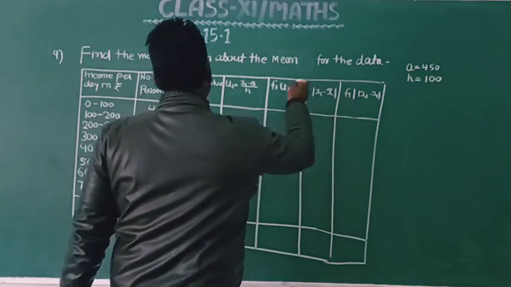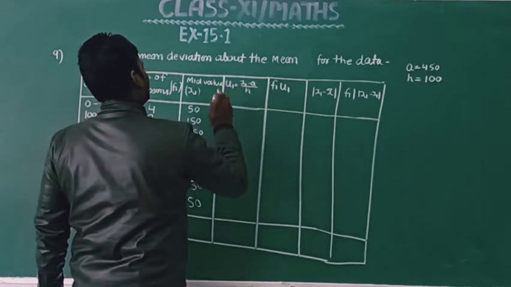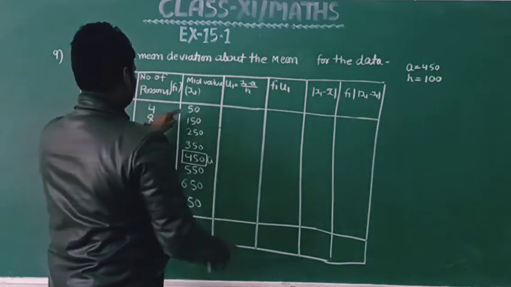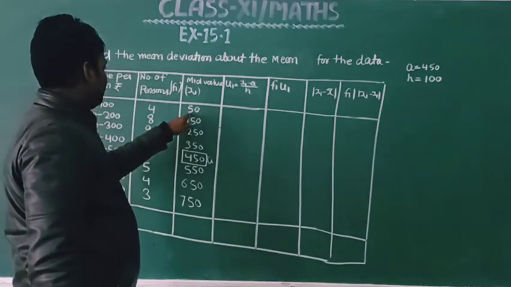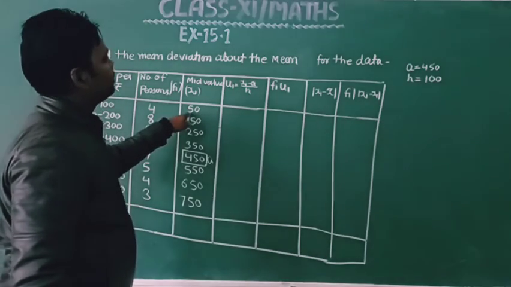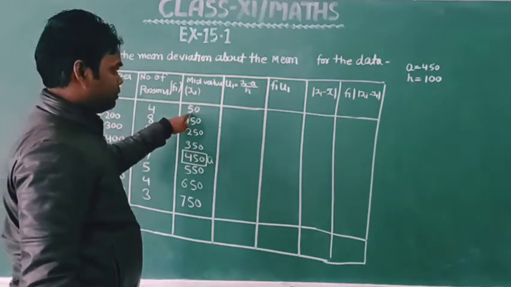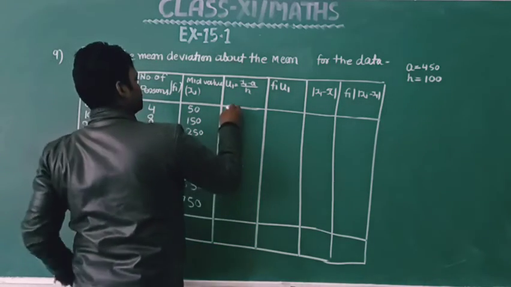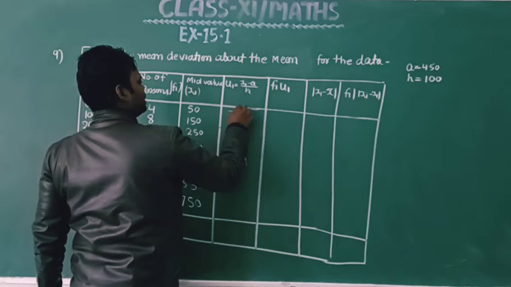So xi minus a upon h means 50 minus 450 divided by 100. So this is minus 4.